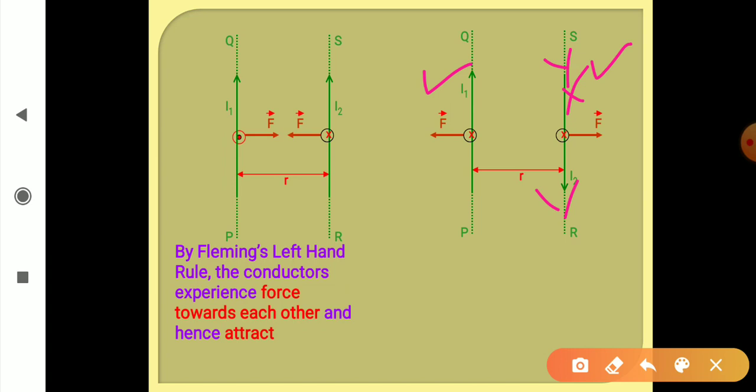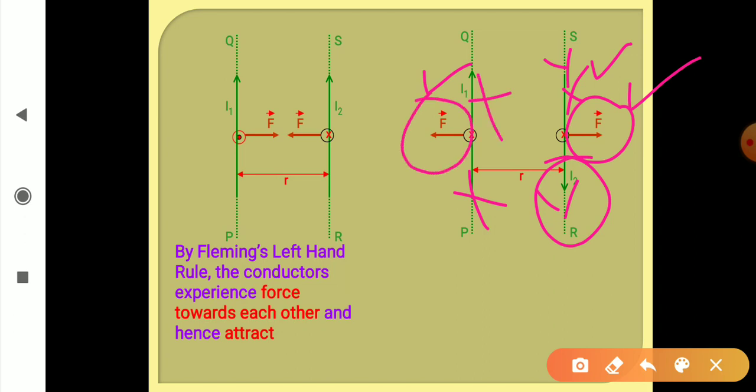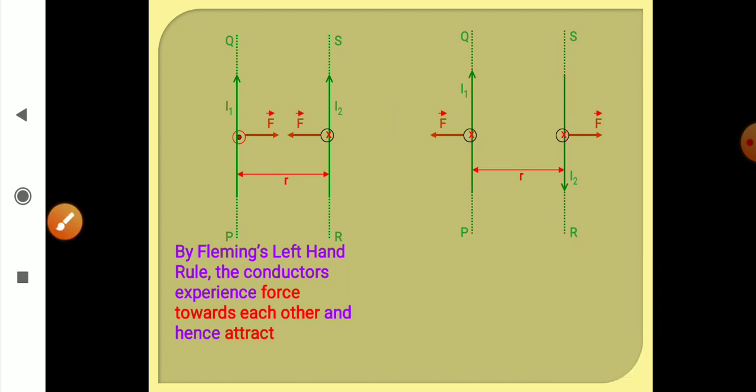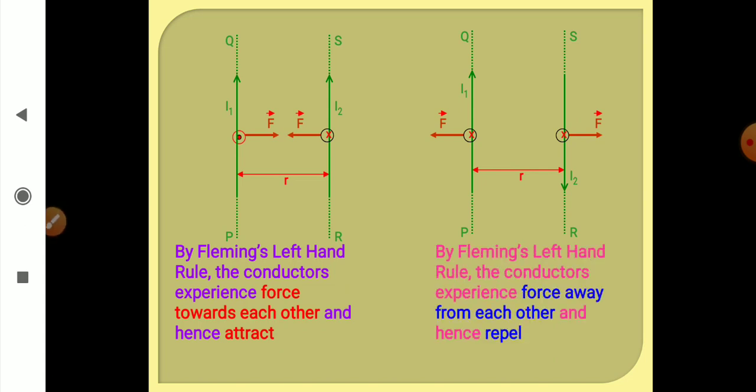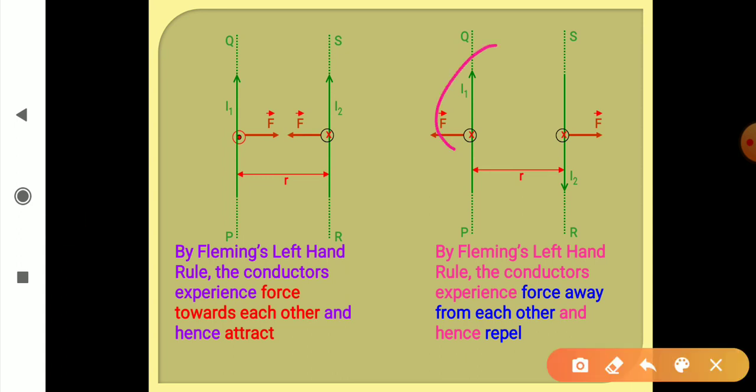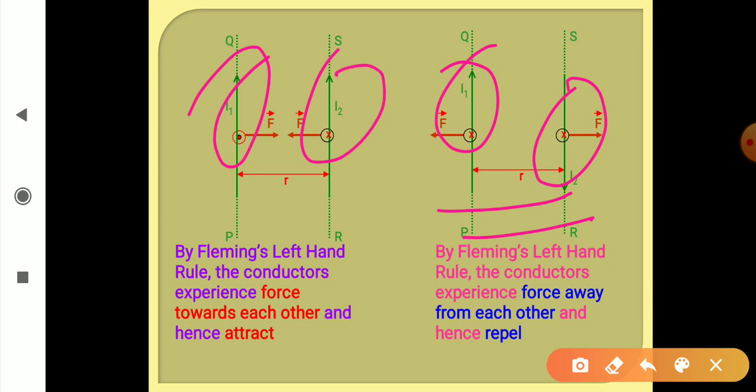And because of this current I1 which is reversed, now the force will be towards the right, and because of this one, here also the magnetic field will be directed inwards, but the force will be directed away from it. So you have to learn to use your Fleming's left hand rule, and by using this, see, if the currents are in opposite directions, the conductors will repel. If they are along the same direction, they will attract.